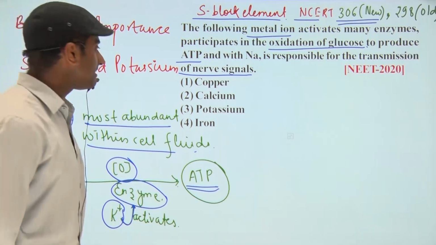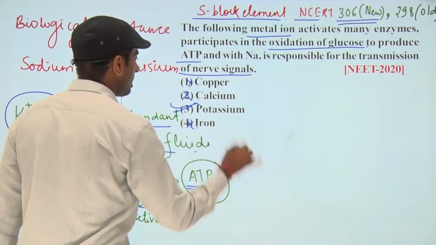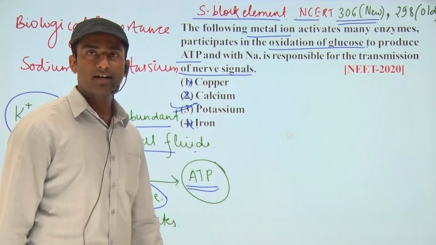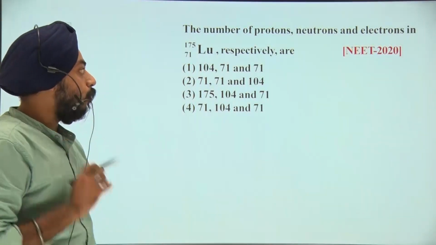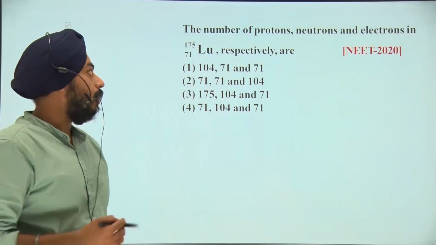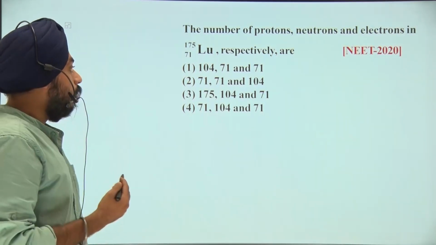So we can say that yes, potassium ion are those which are working here to activate enzyme. Third option is going to be correct here, potassium metal. Thank you.